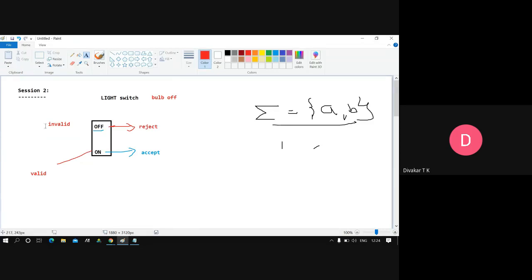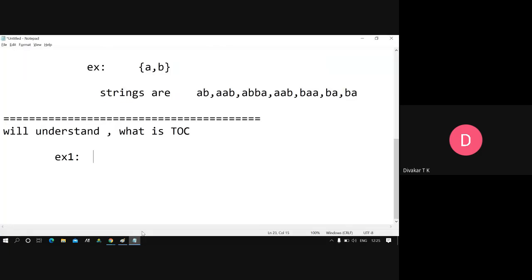So in this first example, what we have learned is rejection and acceptance, valid and invalid. The first example I have taken is the light switch.